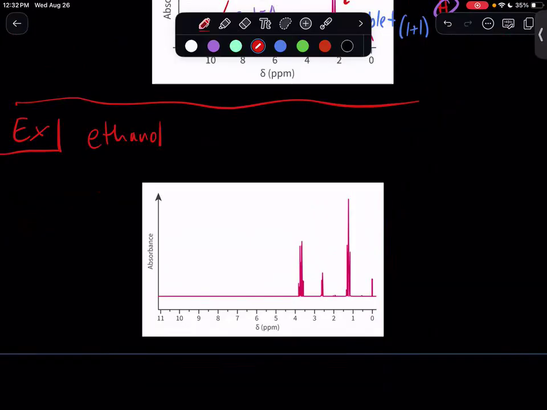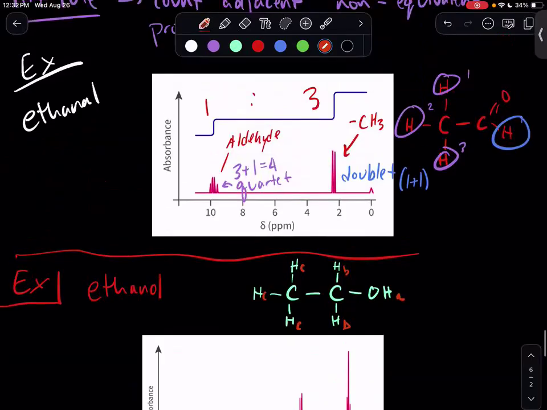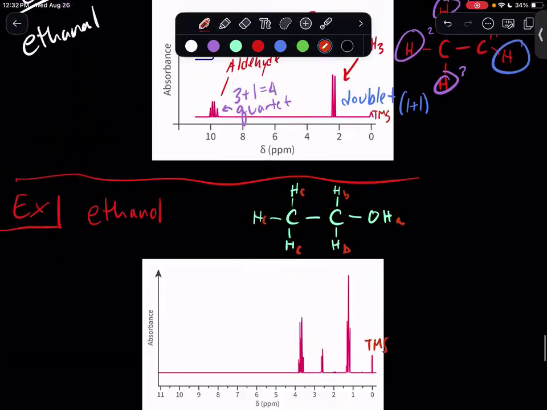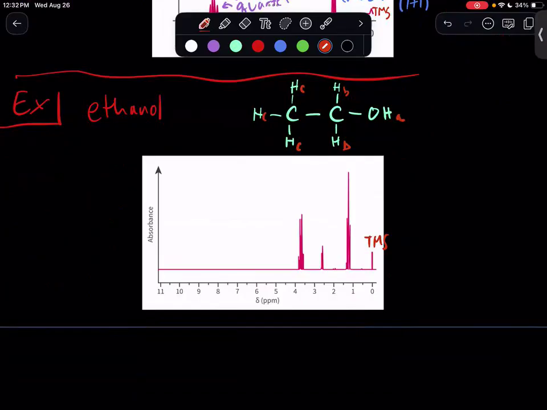So if we look at it, it has, I'm going to change colors here, CH3, CH2, OH. So we should have three discrete peaks. A, B, B, C, C, C. So we have these three discrete peaks. Of course, we have TMS, and we had TMS up here too. So we can ignore the TMS peak.